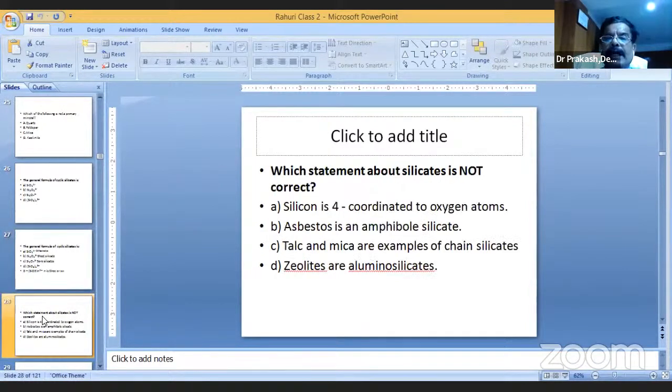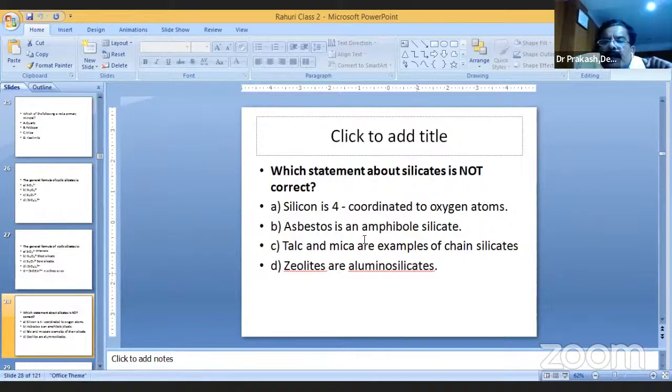Which statement about silicate is not correct? Silicon is 4 coordinated to oxygen atoms. Remember, silica and oxygen bonding is covalent bonding, strong bonding. There are 3 kinds of bonding, right? One is ionic bond, covalent bond, and metallic bond. So now covalent bond in case of silica and oxygen.